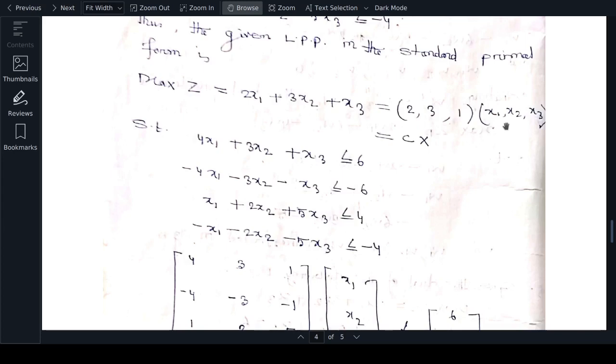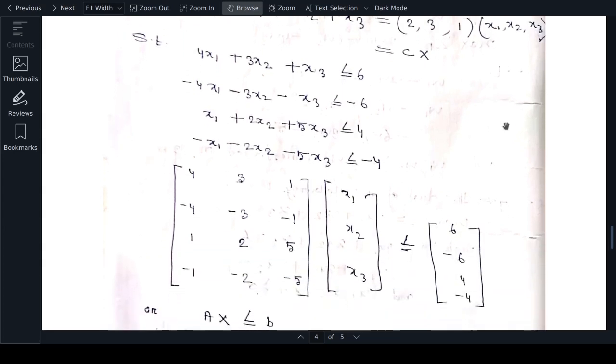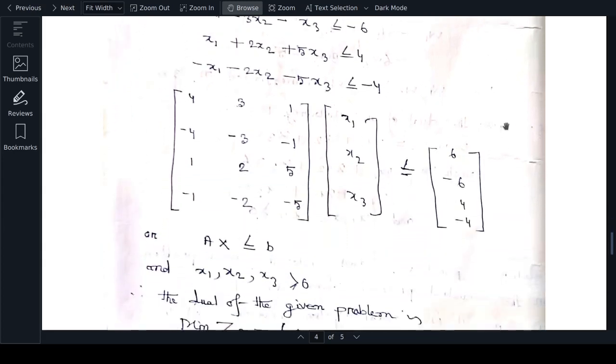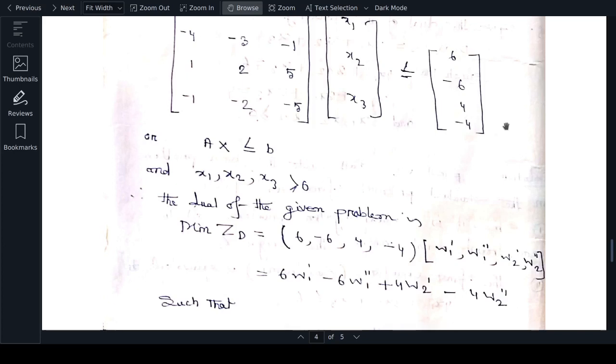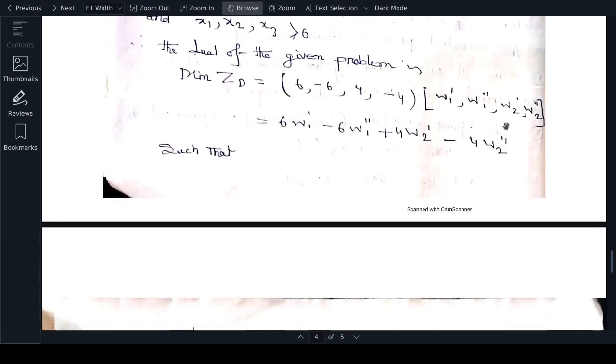Then we write two unrestricted variables, denoted w1', w1'', then w2', w2''. Multiplying this, we get 6w1' minus 6w1'' plus 4w2' minus 4w2''. Then you write the transpose of the coefficient matrix. So what will the transpose of the coefficient matrix be?